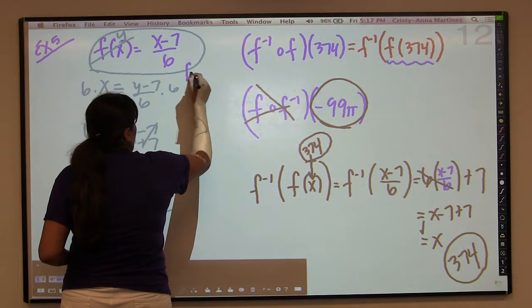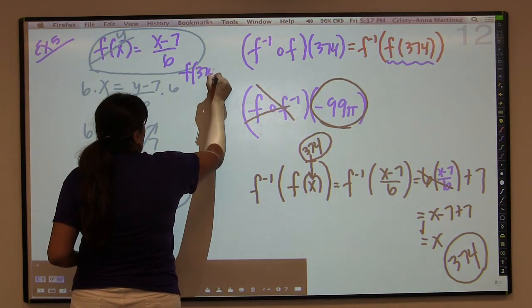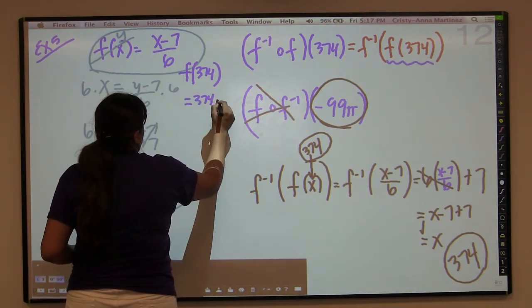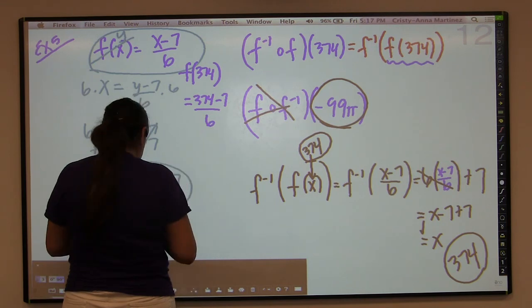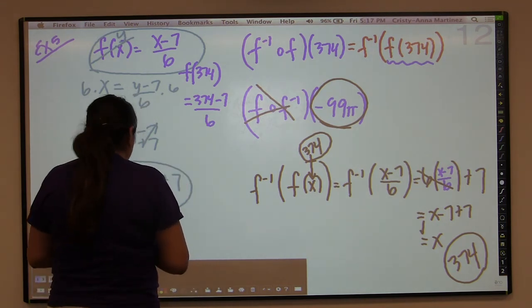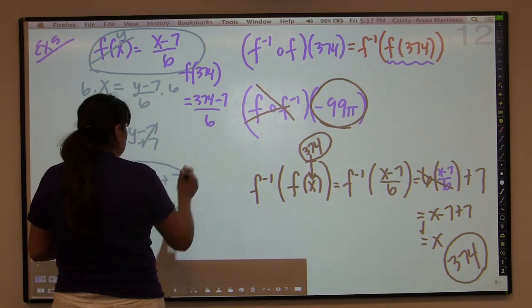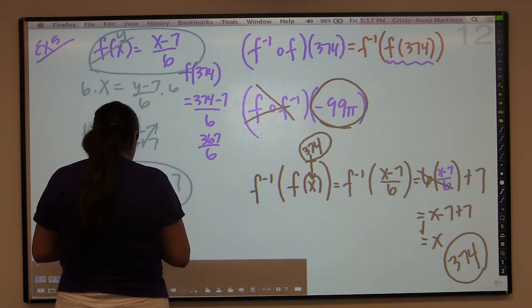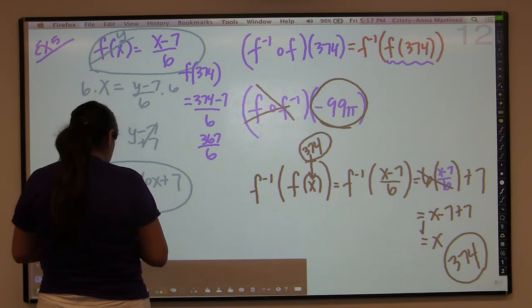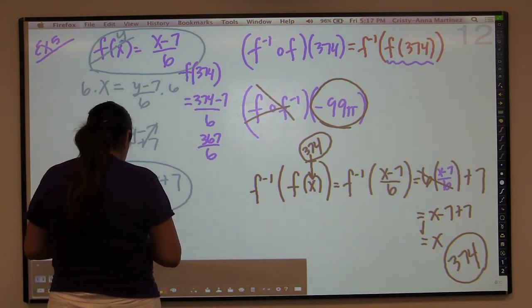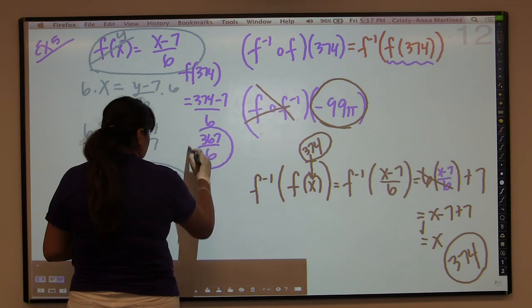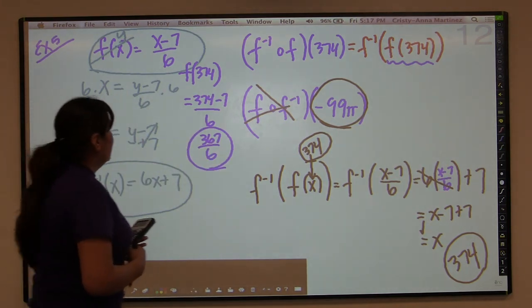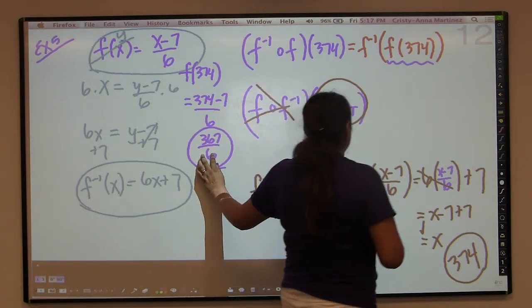So if I get f of 374, it means I'm going to go x, which is 374, subtract 7, and divide by 6. So 374 minus 7 is 367. 367 divided by 6 is a fraction that doesn't reduce. So we're stuck with that, okay? Now, that means that f of 374 is this ugly fraction.